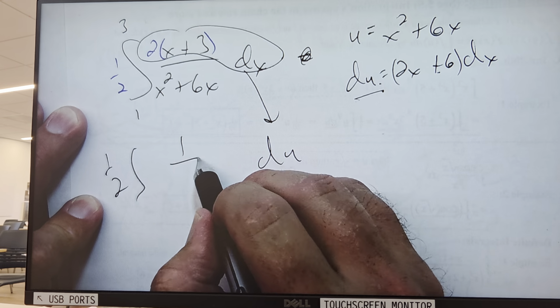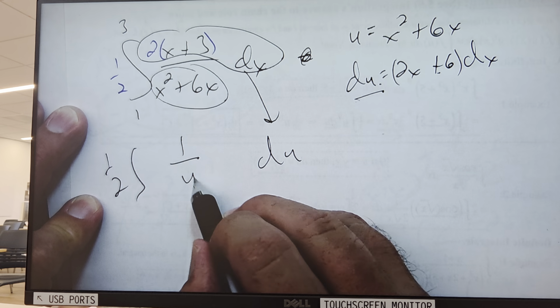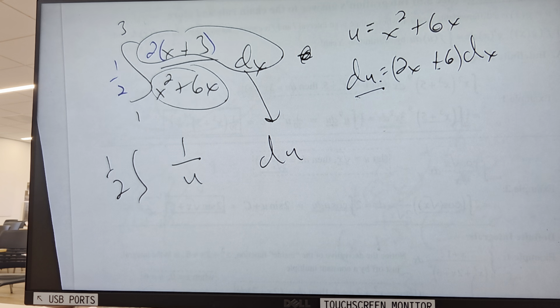Then I'll have 1 over this we called u. Are there any x's left? No, thank God. If there was an x left somewhere, I've screwed up. We replace all the x's with u's.